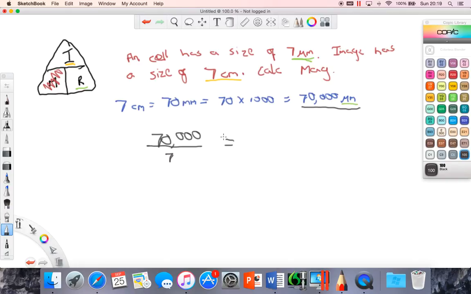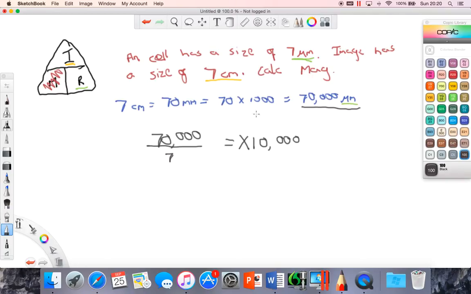So 70,000 divided by 7 gives us a magnification of 10,000. Now, because this is magnification, we always put a times in front of it. So it's saying that this image is 10,000 times bigger than the original. Okay?